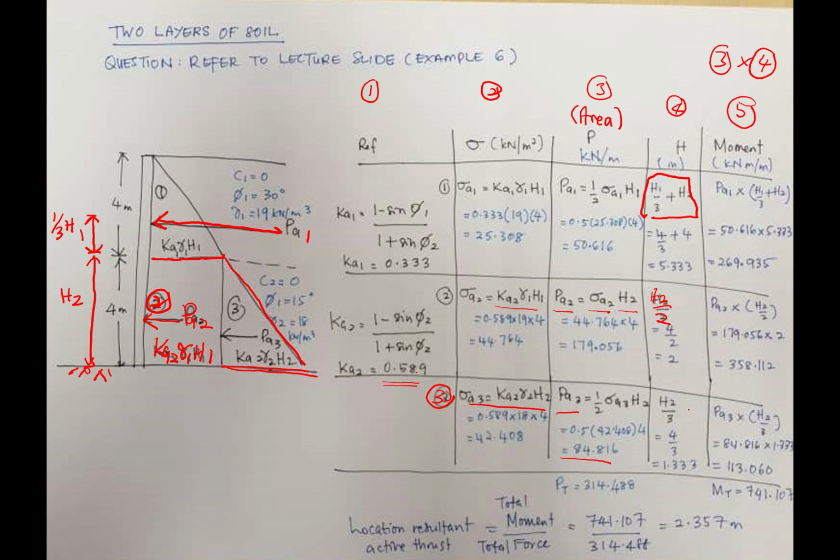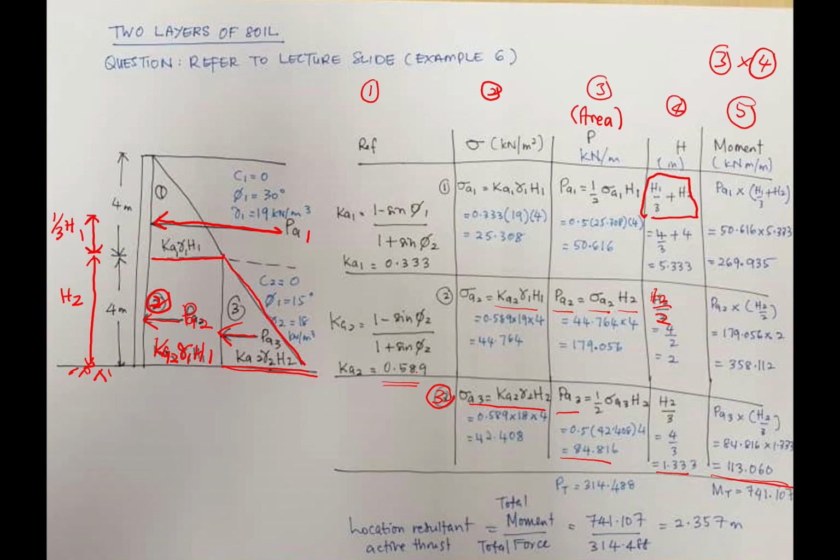Then of course you need the effective height, this arrow we need to put there, so that you know that PA3 acts at 1/3 of the height of your triangular section. So that is why H2 over 3, and then you get the value. Then find the value for the PA3 moment for stress 3, calculate, and you get the answer for moment 3.